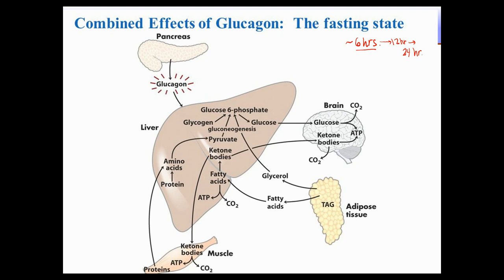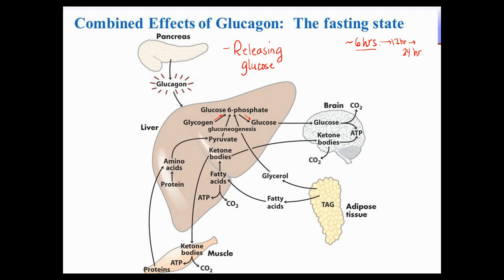Okay, so in this case, the pancreas will secrete glucagon. Glucagon then will bind to liver receptors. And what's going to happen is that the cell now is going to be concerned with releasing glucose, freeing up glucose. So glycogen is going to form glucose 6-phosphate, which will then go to glucose.